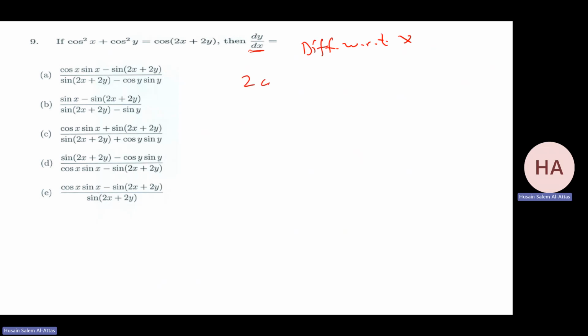That will be 2 cosine x times minus sine x plus 2 cosine y times minus sine y. Don't forget y prime. Equals minus sine of (2x plus 2y) times (2 plus 2y prime).